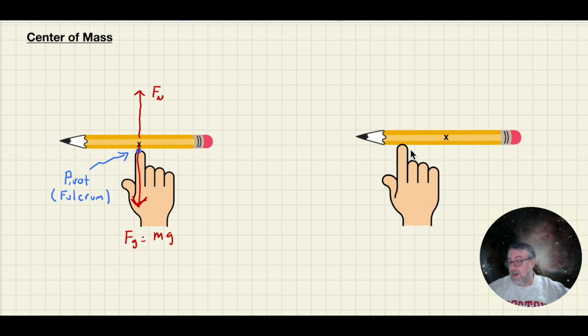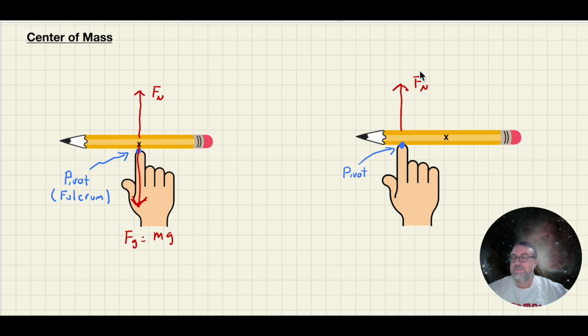So again, over on this picture here, my finger is now supporting the pencil there. So that is the location of my pivot point. Now let's label the forces acting on the pencil. Well, the normal force is still coming from the location where my finger is pushing up on the pencil. So here is the normal force.